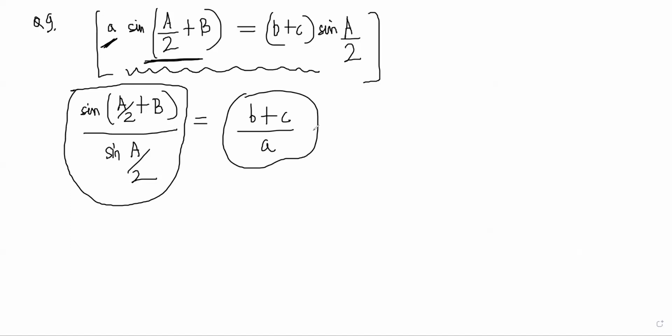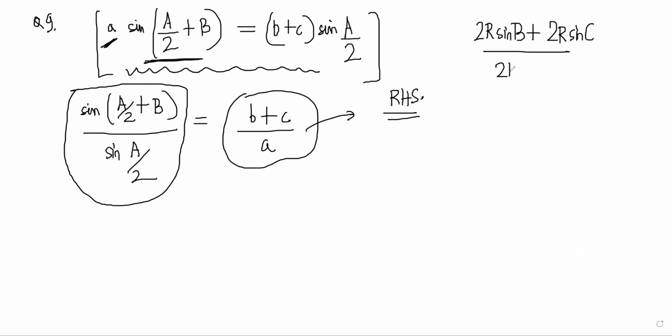And it is very easy now because I can just do the RHS. I can simplify by the sine rule. By the sine rule, I know b by sine B is 2R, so b is 2R sine B. Plus c is 2R sine C, and a is 2R sine A. So what is the RHS?